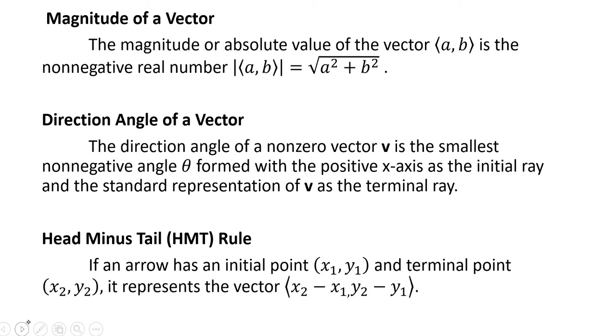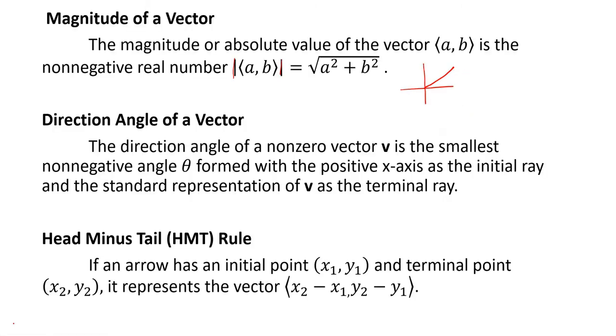So a couple of things. The magnitude or absolute value of the vector is the non-negative real number representing, again, the magnitude of the vector, which is the square root of a squared plus b squared. Remember, right now we're just talking about vectors that start at the origin.